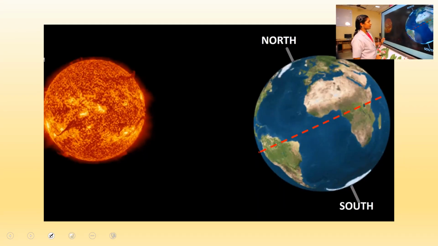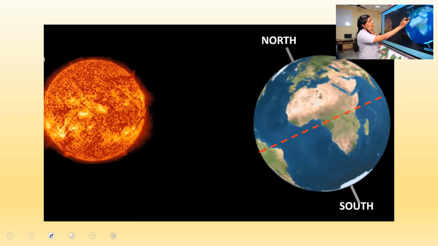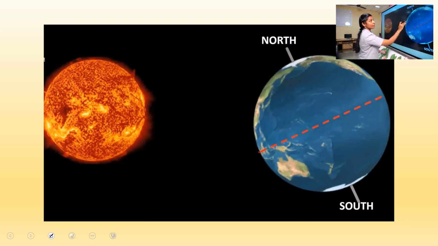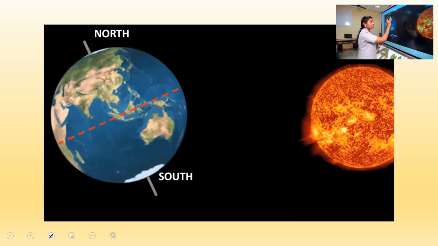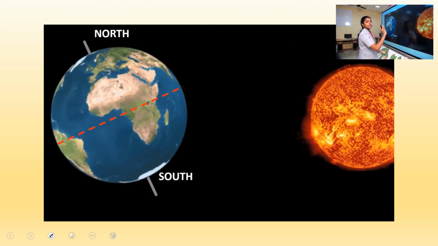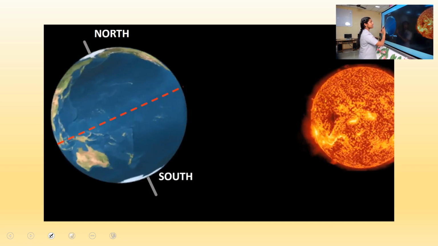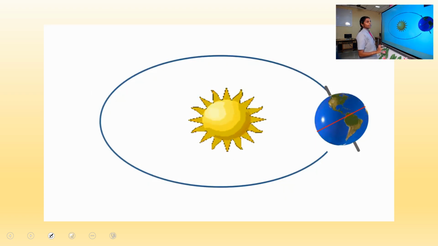Here, this is the video I will show you. You see, the northern hemisphere is facing the sun, isn't it? So here it will be summer season. Why? The northern hemisphere is facing the sun. The other half is turned away. Here it is the southern half of the earth which is facing the sun. The northern hemisphere is turned away.